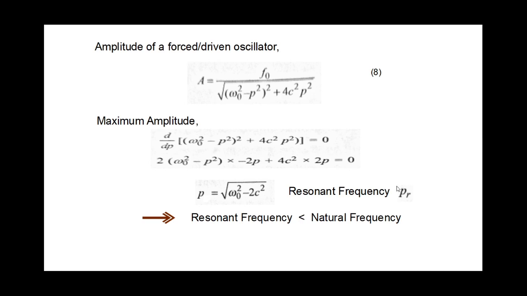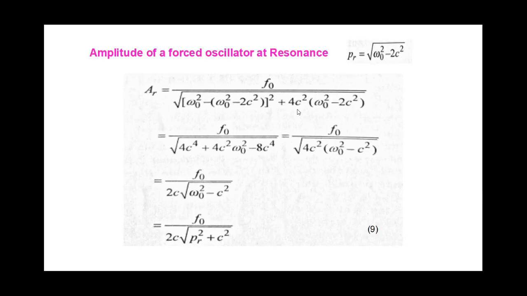Now, if we substitute this resonant frequency PR in the expression for the amplitude, we get the maximum amplitude at resonance. That means we substitute root of omega 0 square minus 2C square instead of P in this expression. We get the amplitude of the forced oscillator at resonance equal to F0 divided by omega 0 square minus, instead of P square, we substitute PR.